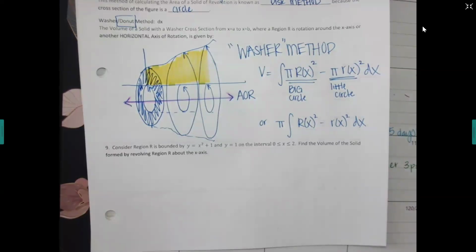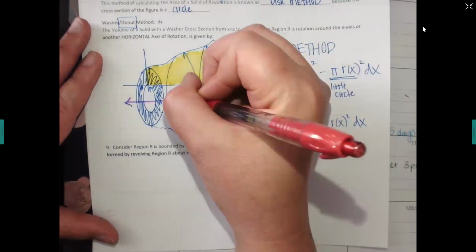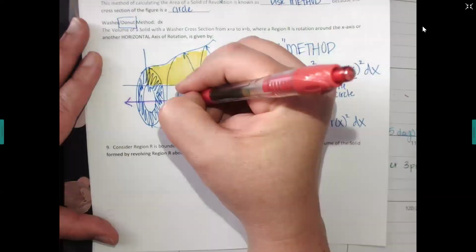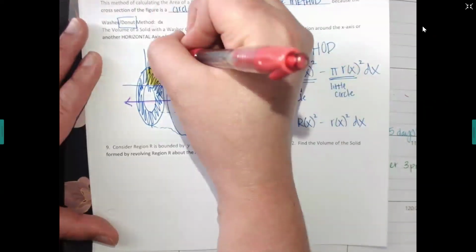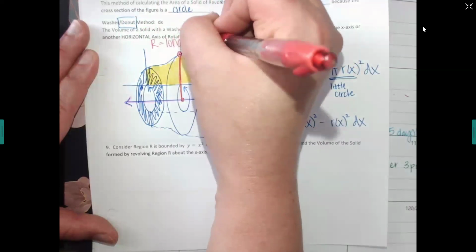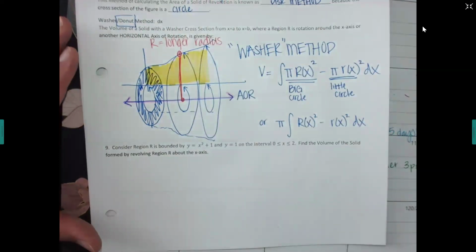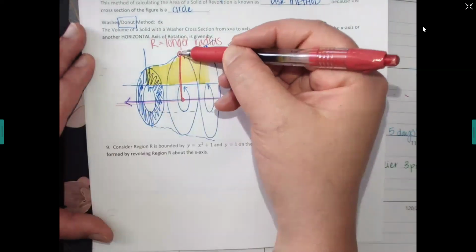All right, then let's draw in your two R's. Capital R needs to start at the axis of rotation and it needs to go to the farther away function. So capital R needs to be the longer radius. And it's going to start from the axis of rotation to the farther away function.